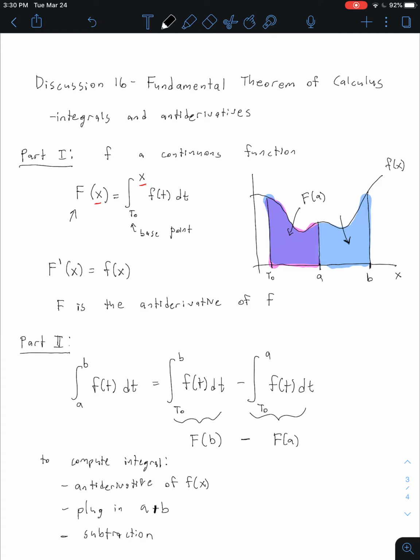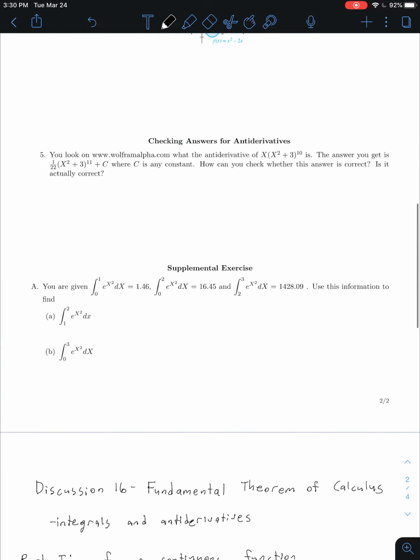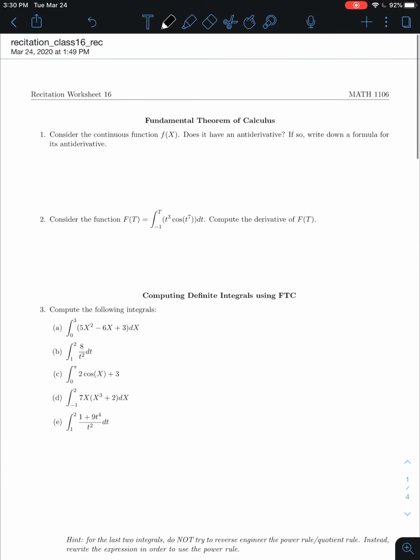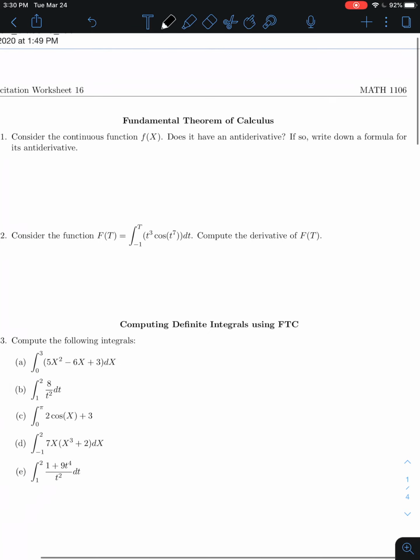So now that we've gone through the fundamental theorem, let's take a look at the exercises. Exercise number 1 tells us to consider this continuous function, f of x. Does it have an antiderivative? And if so, what is the formula for its antiderivative?